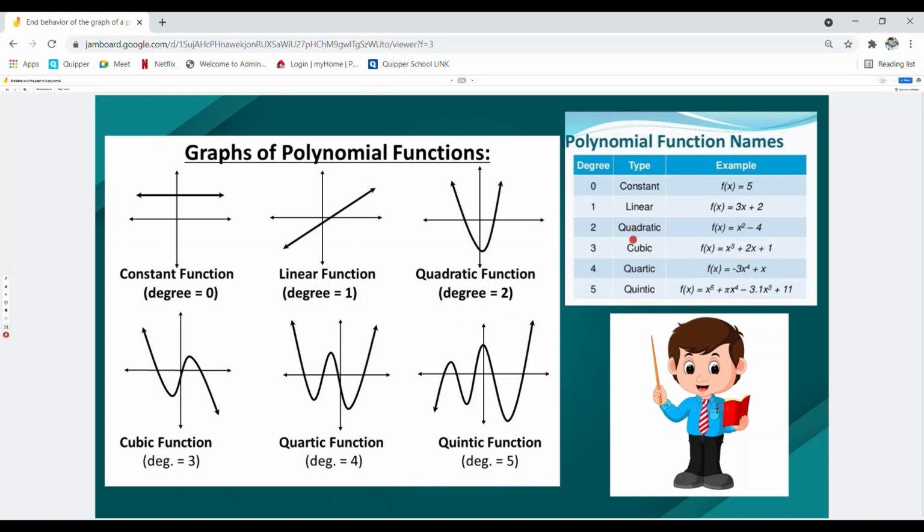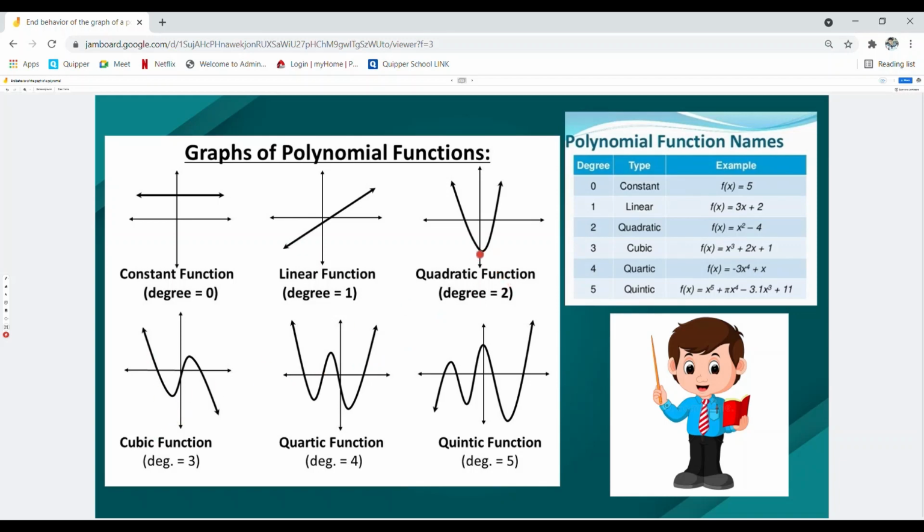You can see an example here, quadratic, f of x is equal to x squared minus 4. Then we have here a cubic function, meaning it's in degree 3. When we say cubic, the highest exponent is 3. We have an example here, f of x is equal to x cubed plus 2x plus 1. Let's compare the quadratic and cubic graphs.